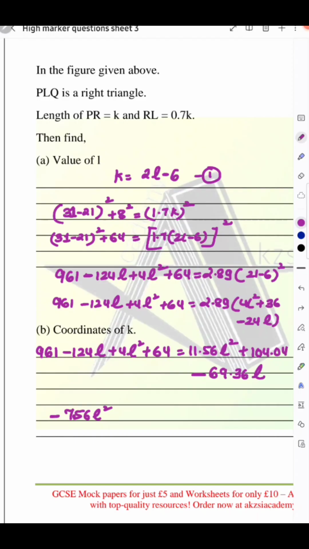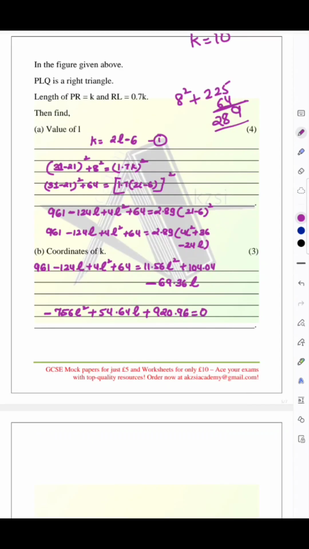So minus 54.64L, and then it's 961 plus 64, and bringing 104.04 onto the left hand side, that means we have to subtract it. So finally the answer will be 920.96 equals 0.